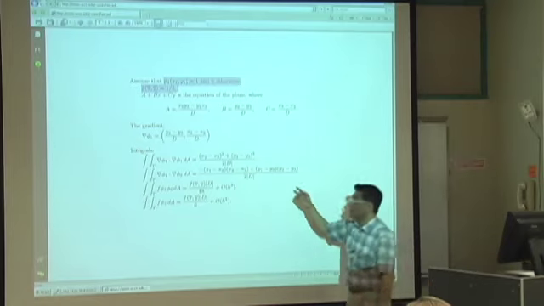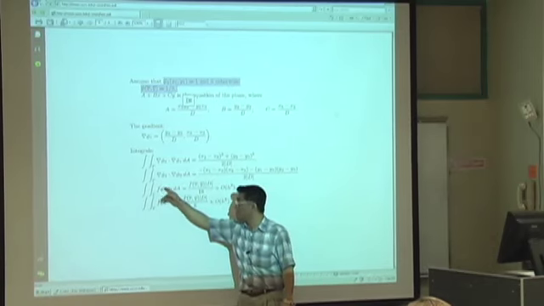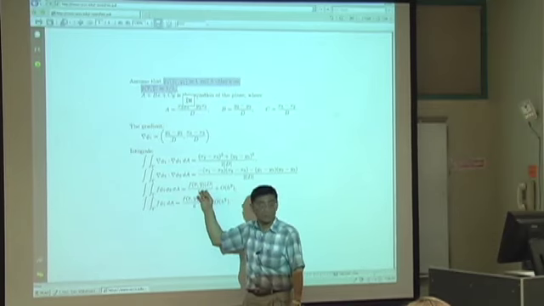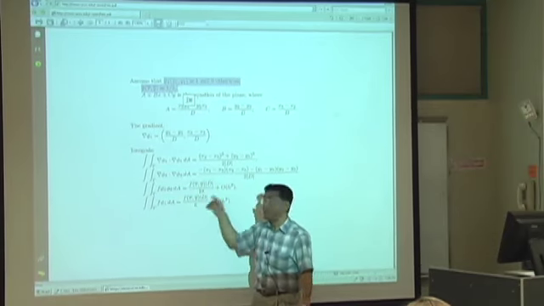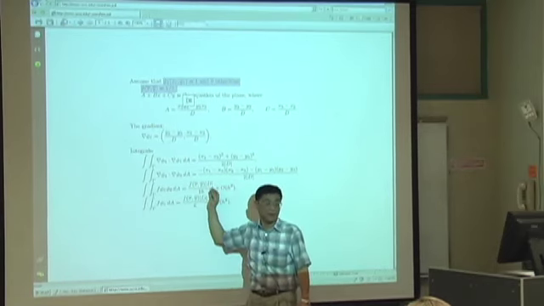So the result is the value of this one at the barycenter times the value of that one at the barycenter, and then the area of the triangle, d over 2. So we multiply these. Do you follow me or not?